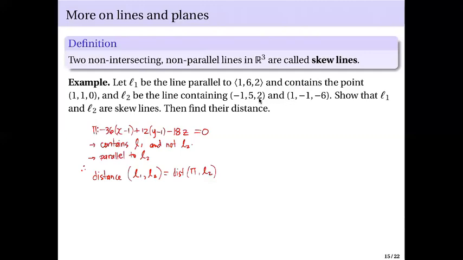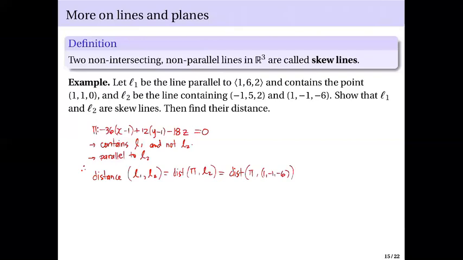We are given 2 points here. So let's just use one of them. So this is just equal to the distance of pi from the point. Say, let's use this, -1, 5, 2. Well, I'll just use this, 1, -1, -6.